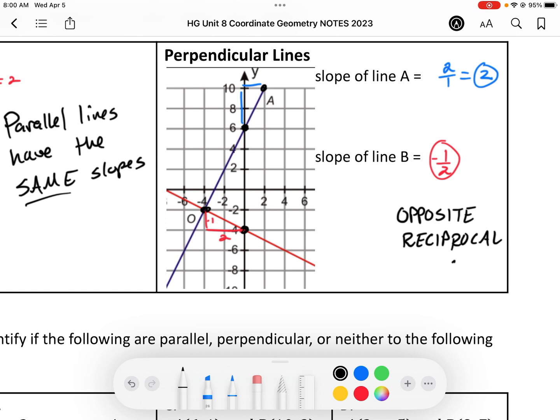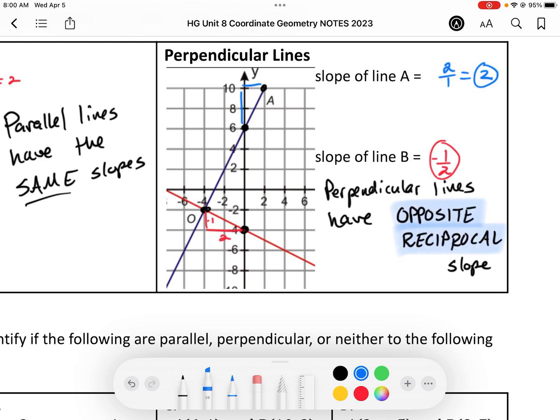Okay? When we have perpendicular lines, we say they have opposite reciprocal slopes. Okay, perpendicular lines have opposite reciprocal slopes.